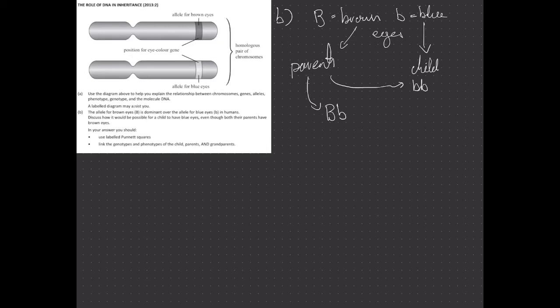Now, if I'm going to do this, I'll put parent 1 and parent 2. Now I'm going to draw out their genotype. Now we've discussed that they both have to be heterozygous. Otherwise, they can't pass on that recessive gene if they don't have it.